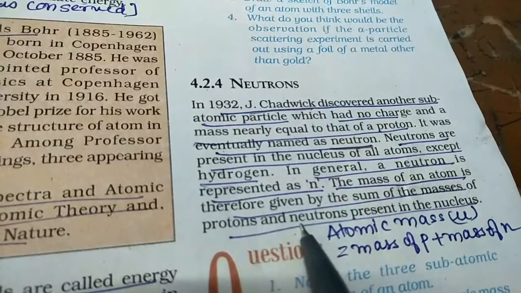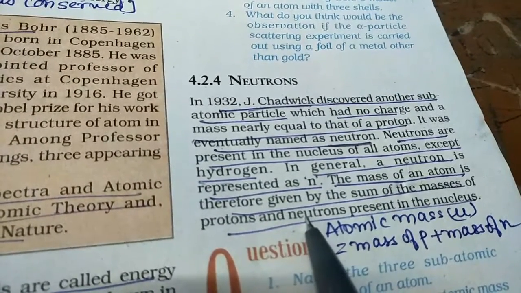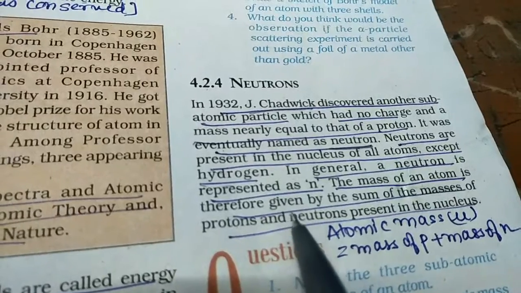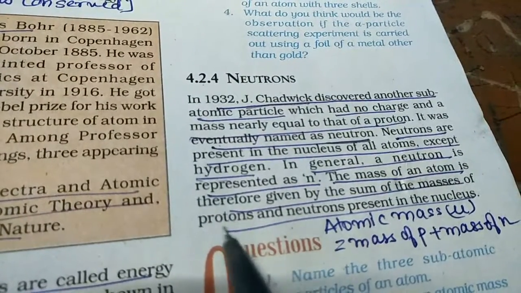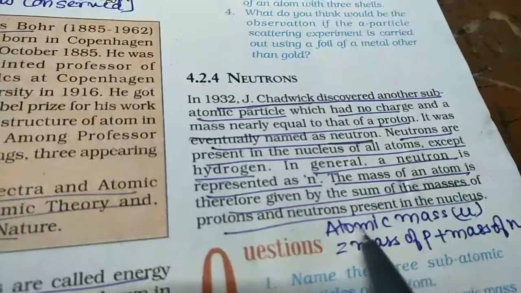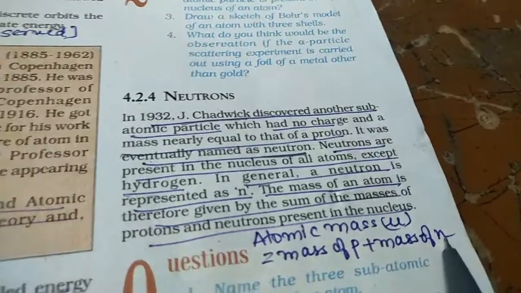Just compare an elephant with an ant. We can't consider the weight of an ant when we are measuring an elephant, right? So for an atom, whatever the mass is, it is the mass of protons plus neutrons. So atomic mass, whenever you are calculating, that is in u, is the mass of protons plus the mass of neutrons.